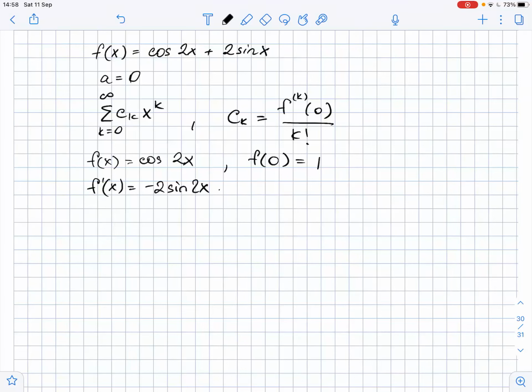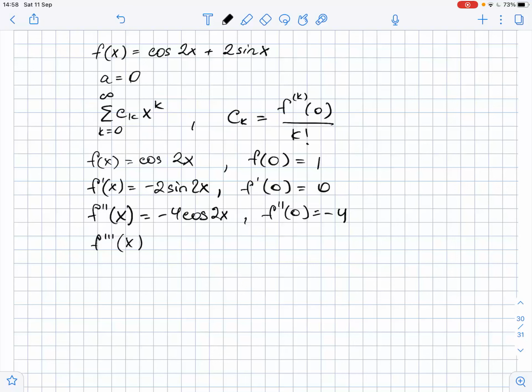f'(x) equals -2 sine of 2x, and f'(0) equals 0. The second order derivative of f(x) equals -4 cosine of 2x, and the second order derivative of f at 0 equals -4.